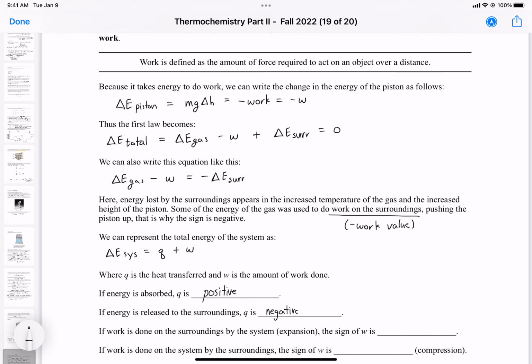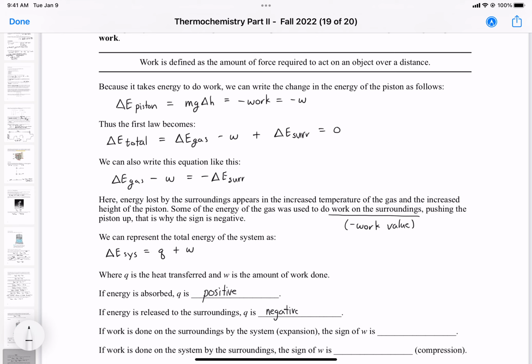Okay. So let's talk about the signs for work. Okay. So if work is done on surroundings by the system, that is expansion. For example, when you expand a gas to the atmosphere, say you have a balloon, right?